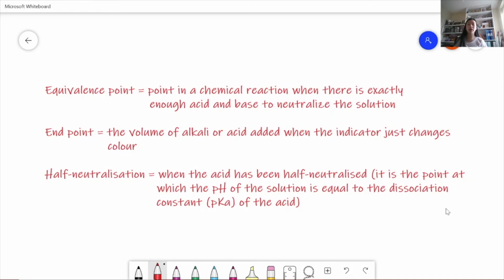It is the point at which the pH of the solution is equal to the dissociation constant pKa of the acid. And we know this because of the formula pKa equals pH minus the log to the base 10 of the concentration of A minus over the concentration of the acid.